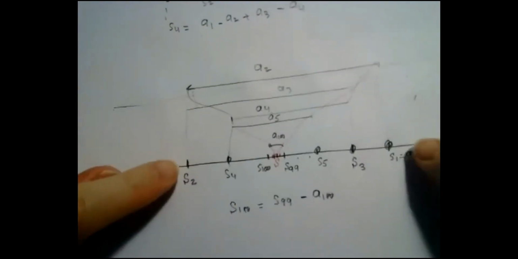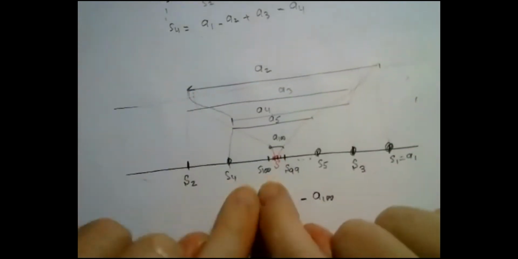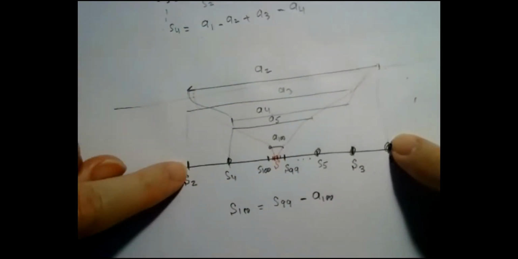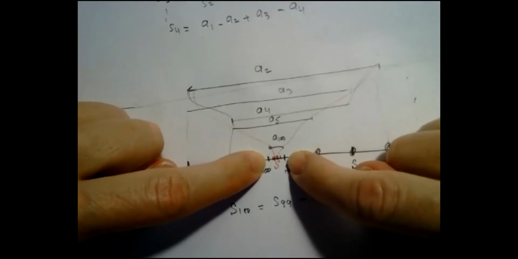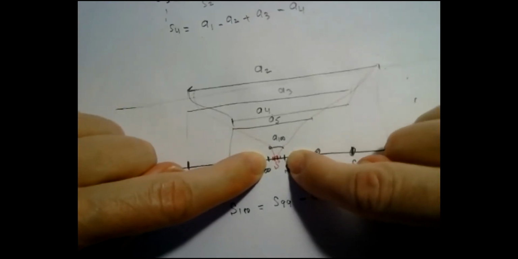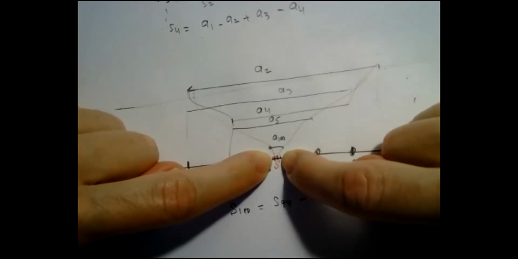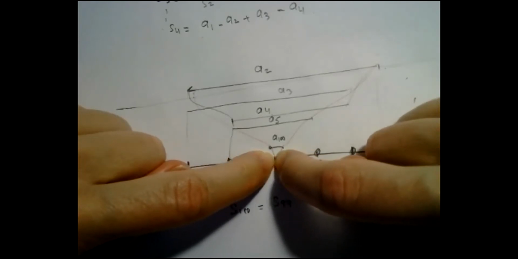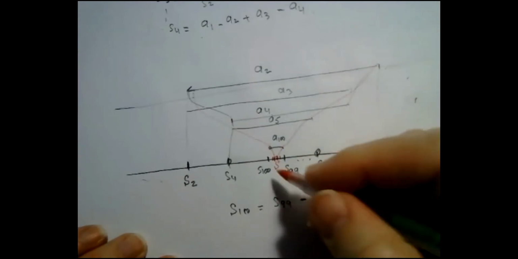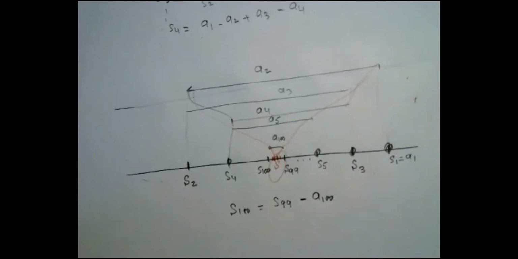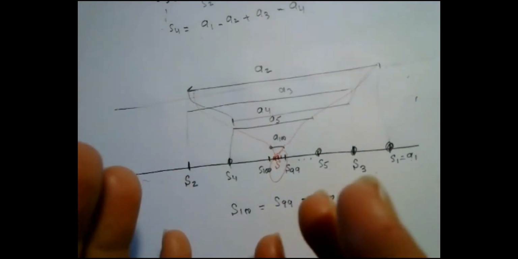So when the series is alternating, because we're adding and subtracting terms, and those terms are decreasing, S1, S2, S3, S4, S5, S6, S99, S100, those sums are really bunching up. S1000, S1001, they are bunching up because those A_n become close to 0. My sums are becoming close to S. They start getting closer and closer together.